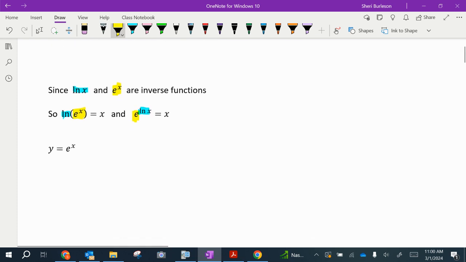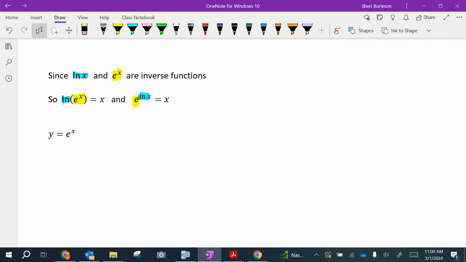So what is the derivative of e to the x? For this, we don't know how to take a derivative of an exponential function, but we do know how to convert an exponential function into a logarithmic function, or we know how to do logarithmic differentiation. So I'm going to do this one using logarithmic differentiation, and I'm going to take the natural log of y and the natural log of e to the x.